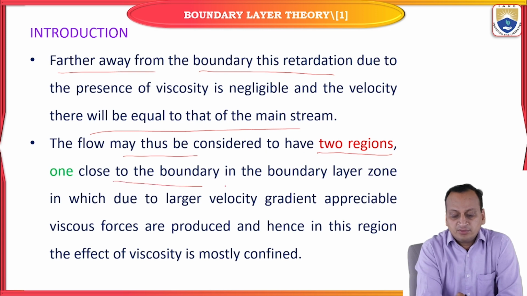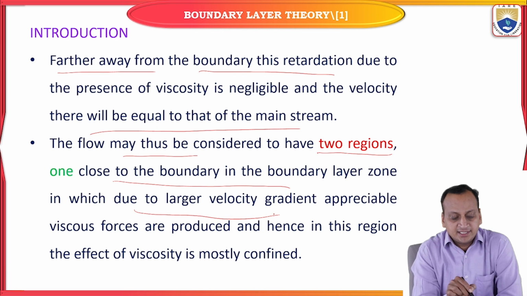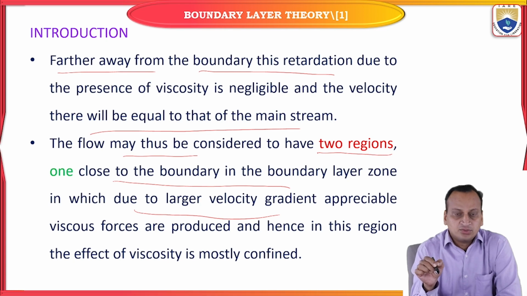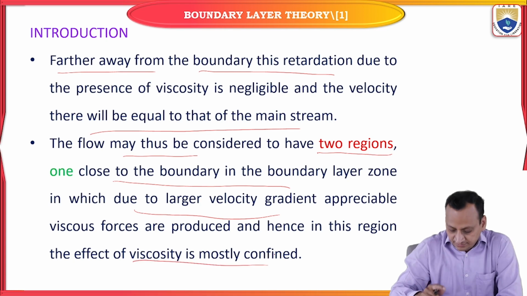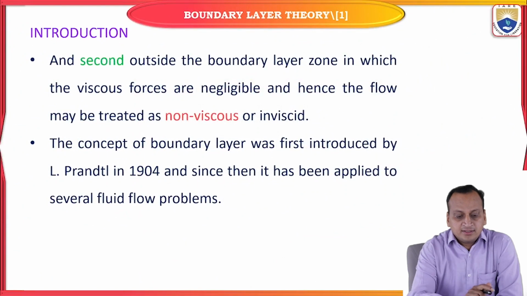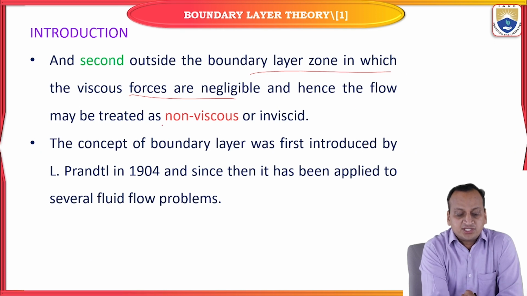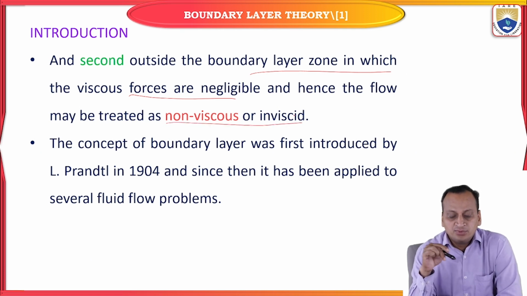One is close to the boundary zone, in which, due to larger velocity gradient, appreciable viscous forces are produced, and hence in this region the effect of viscosity is mostly confined. The other region is outside the boundary layer zone, in which viscous forces are negligible, and hence the flow is treated as non-viscous flow or inviscid flow.